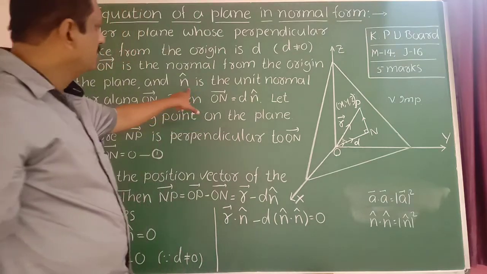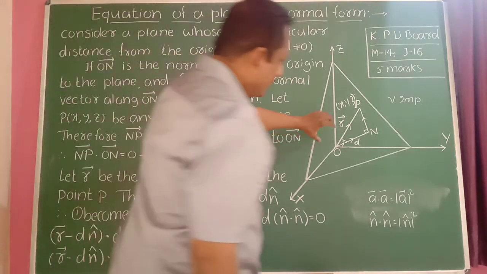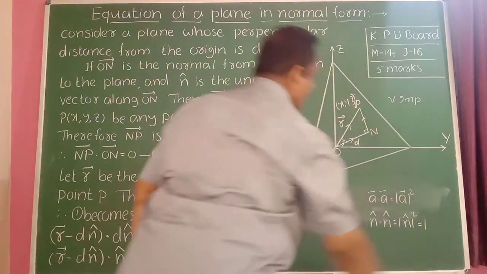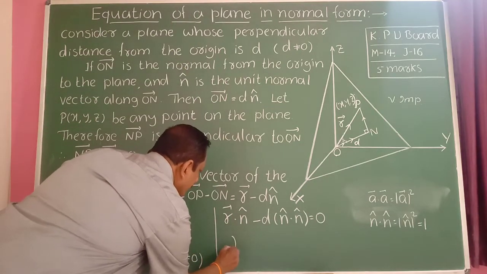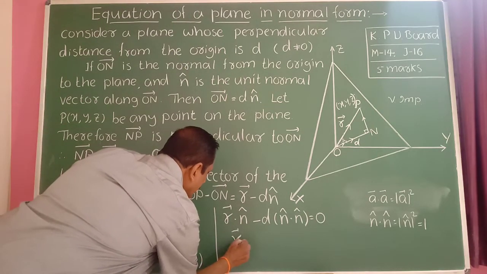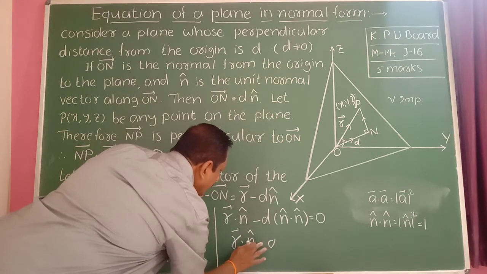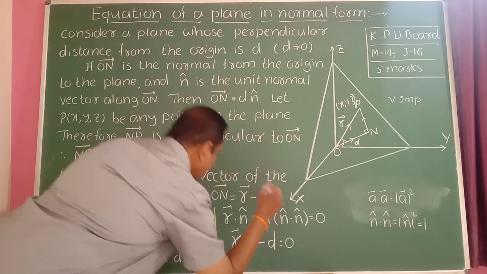N cap is the unit normal vector. Unit normal means its length is 1 unit here. Therefore, this becomes 1. N cap dot n cap becomes 1 here. Yes, R bar dot of n cap minus D is equal to 0.